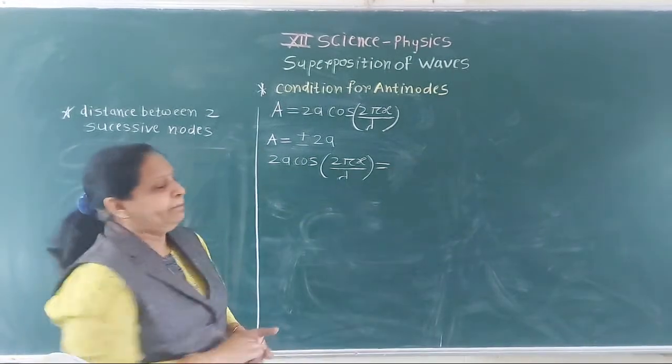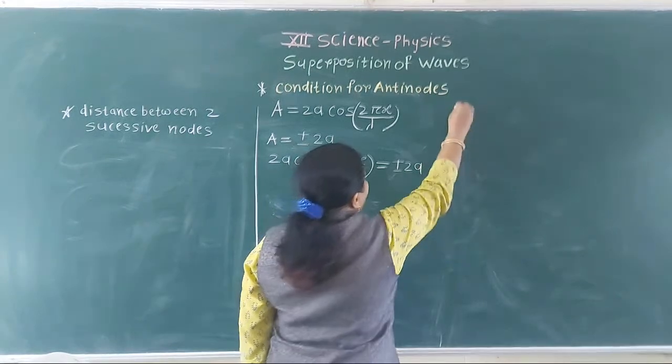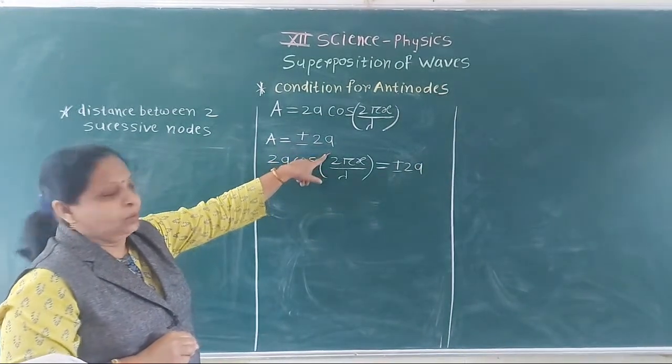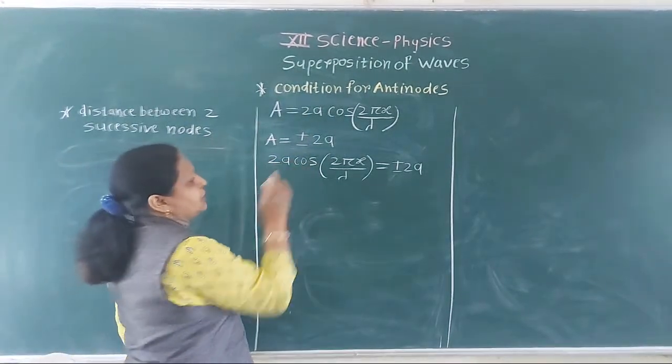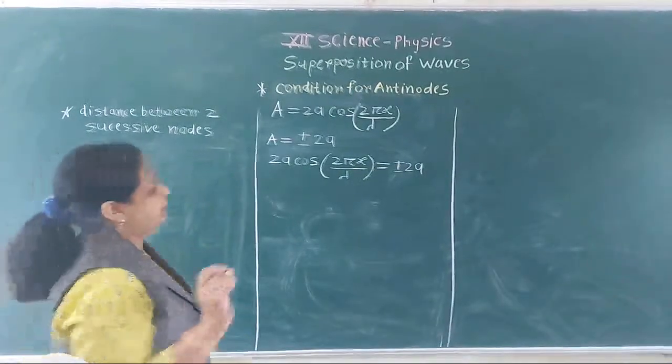Here it should be plus minus twice a. A is the amplitude, which is maximum at an antinode. Therefore twice a cos of 2 pi x upon lambda is equal to plus minus twice a.